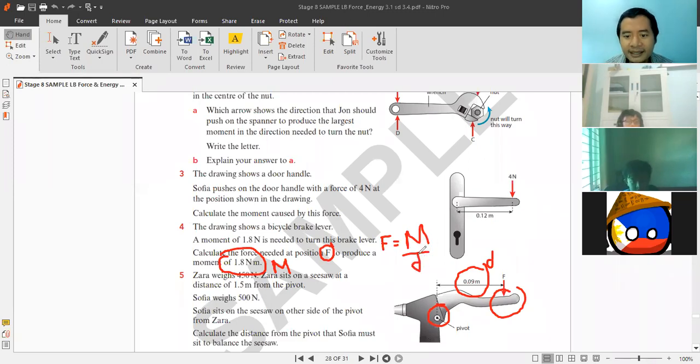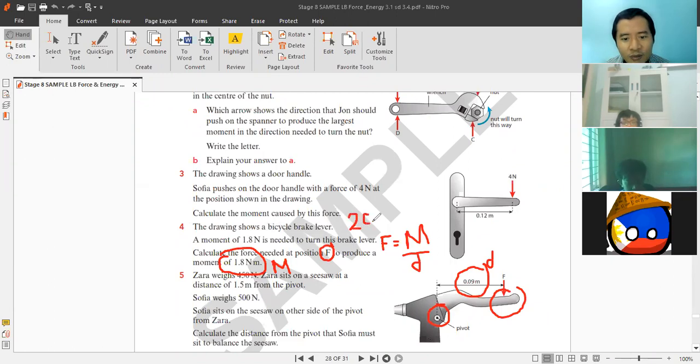So, what is the result? 20. 20, ya. 1.8 divided by 0.09. Isn't it? Yes. Okay. Any other answer maybe? 1.8 divided by 0.09 is how much, Mbak? 20, ya?